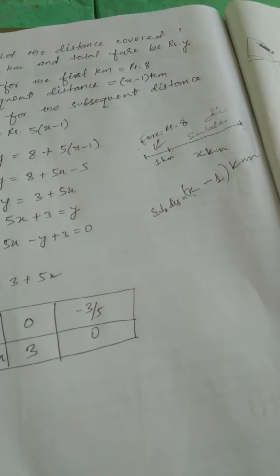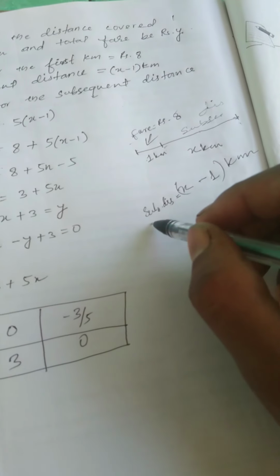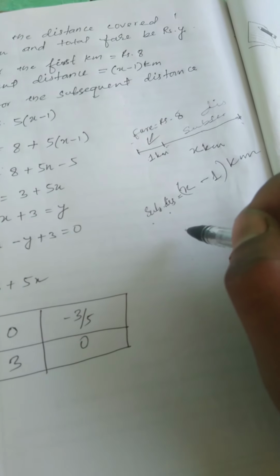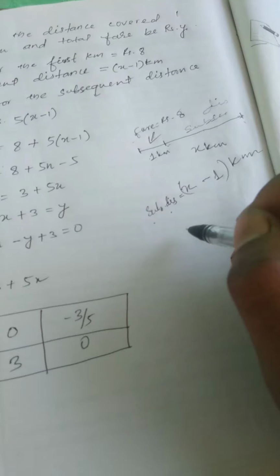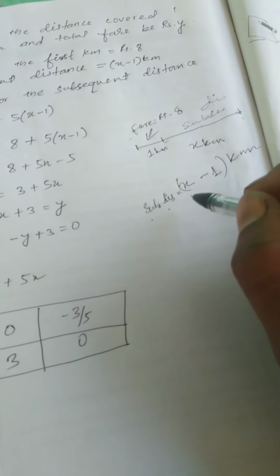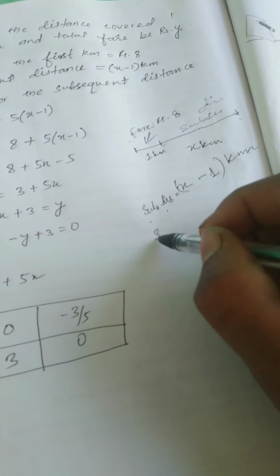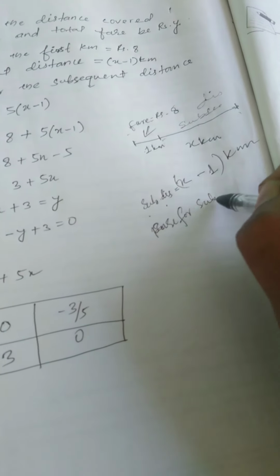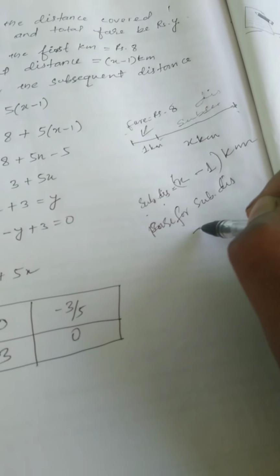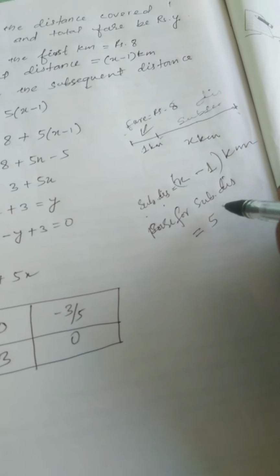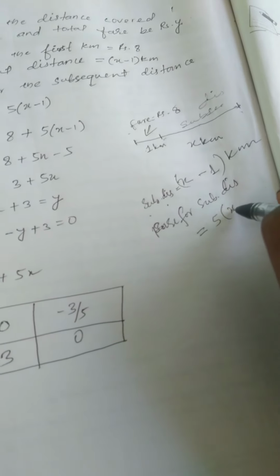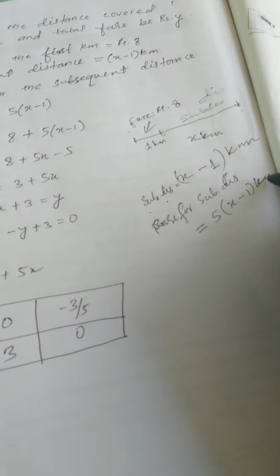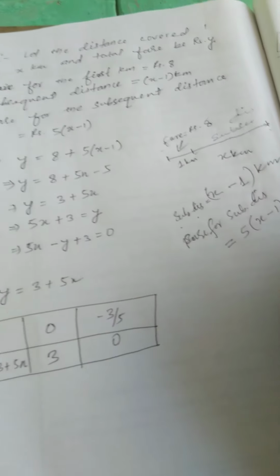So the subsequent distance fare will be what? It is said that ₹5 per kilometer, no? So we need to multiply: 5 into x minus 1 kilometer, this much rupees.